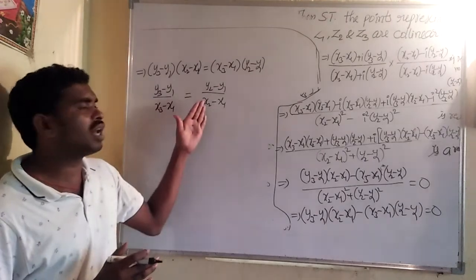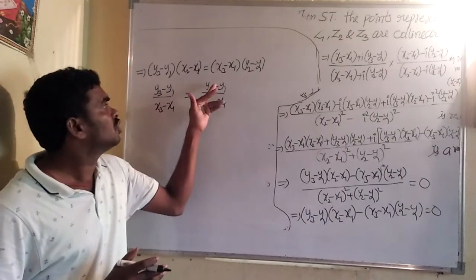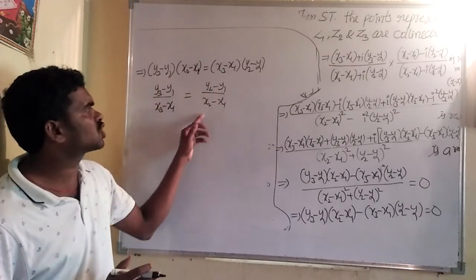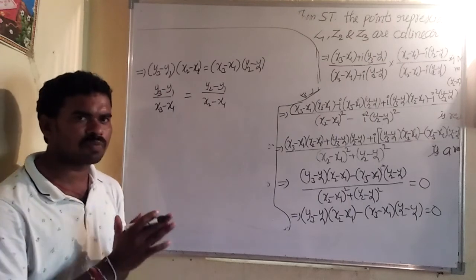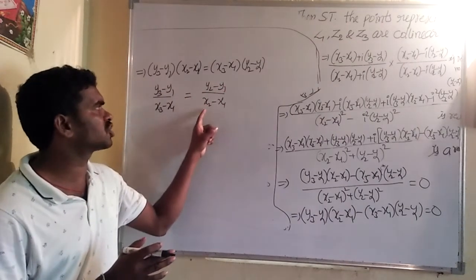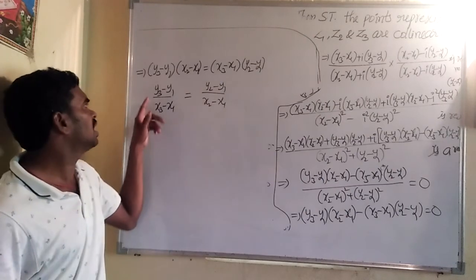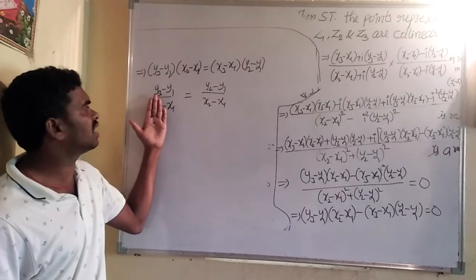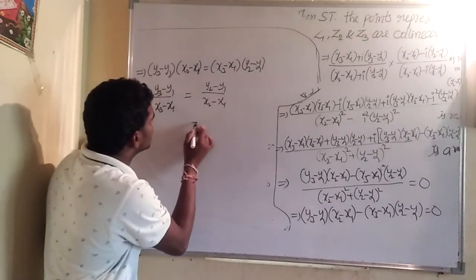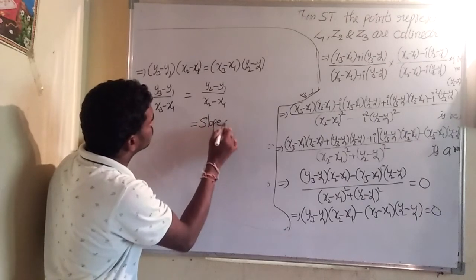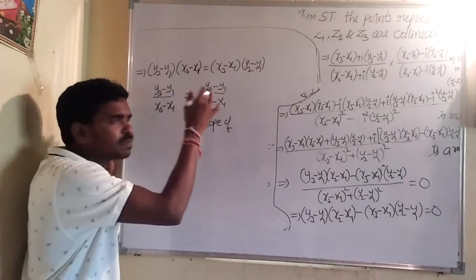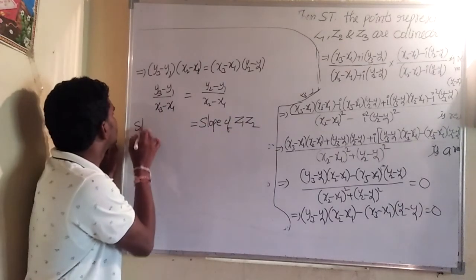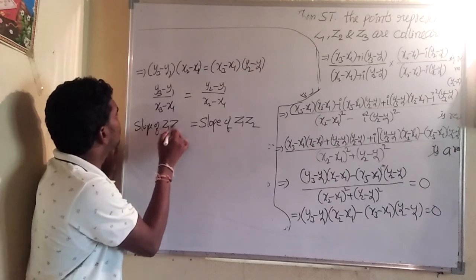That is the formula for the slope of a line when two points are given. So (x1, y1) and (x2, y2) are two points, and the slope of those points is (y2 minus y1) by (x2 minus x1). Similarly, for (x1, y1) and (x3, y3), this is the slope. So this is the slope of Z1, Z2, and here the slope of Z1, Z3.